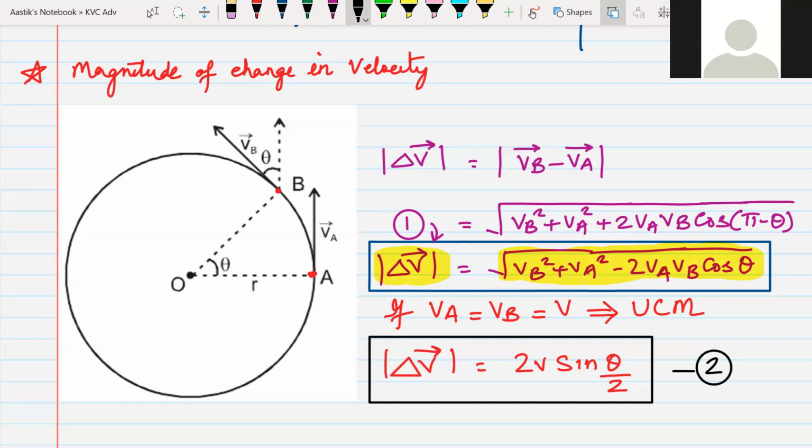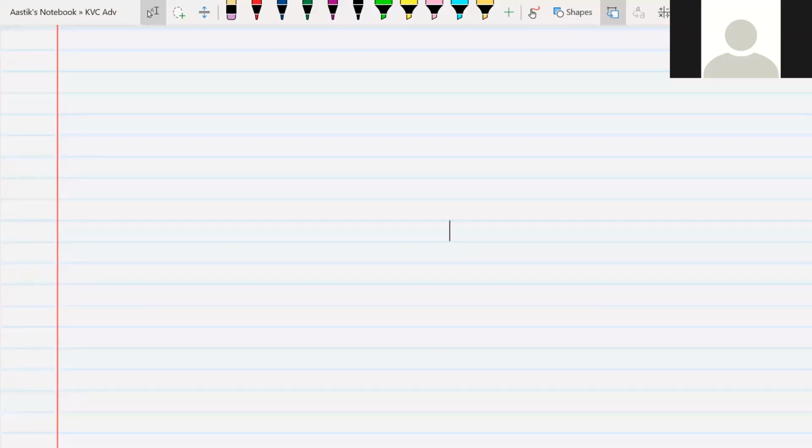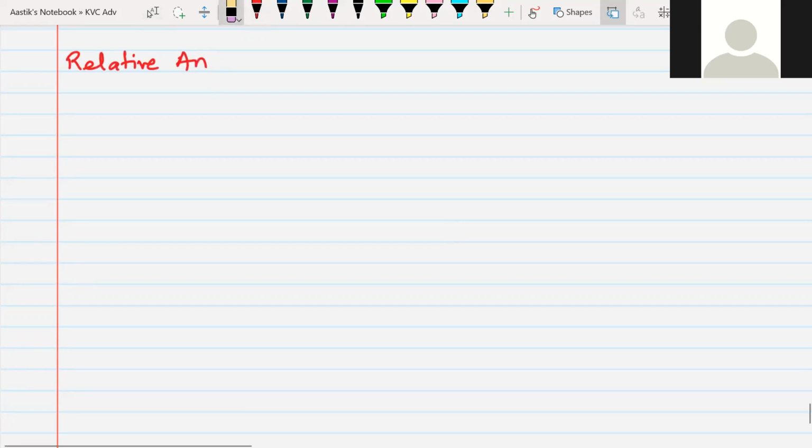Now, since we have done this, we can move ahead and let me again introduce a concept of relative motion in angular velocity. So you can write it as relative angular velocity. Now remember, whenever we talked about angular velocity, it was with respect to an observer which is stationary on Earth.